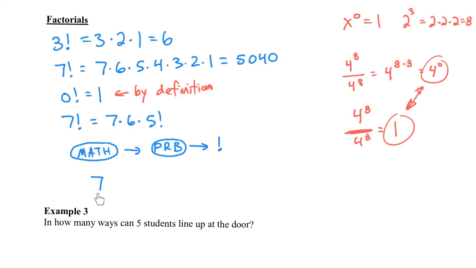Now, if you experiment a little bit, you're going to see that these things get huge fast. For instance, press 20 factorial once. If you hit 20, and then math, probability, and 4, you get a huge number, basically 2.4 times 10 to the 18th power.